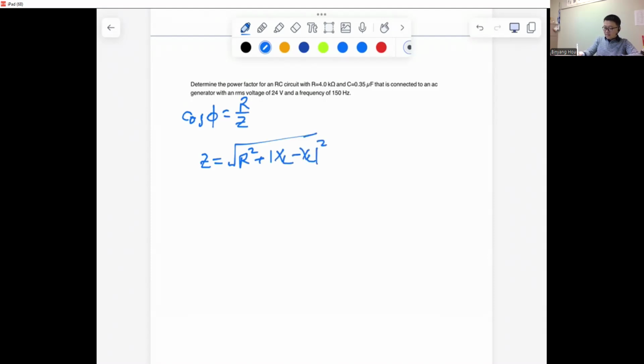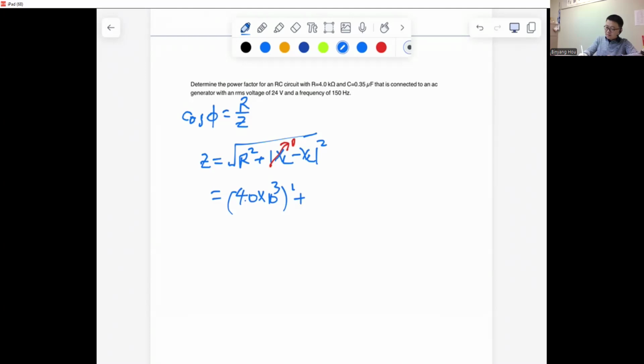Now this is only an RC circuit, so there's no L. You can put 0 as your XL there. Then this will be R squared, 4.0 times 10 to the third. Prefix will be important, always remember that. Squared plus, now it will be just only XC.